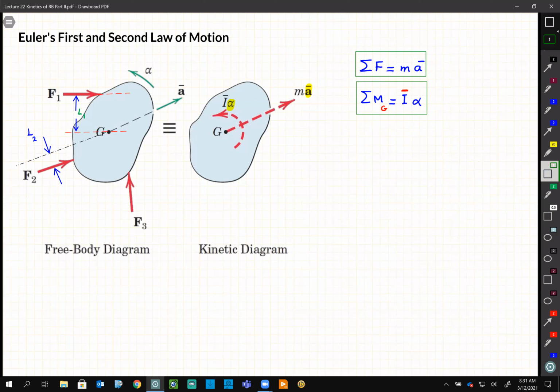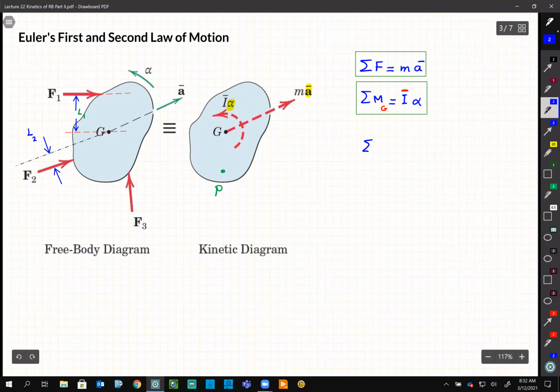Also, he did one other good thing for us, this guy, Euler. He said, what if one day you need to take the moment about another random point? Let's call it point P. What should we do now? So he proved that it's okay.